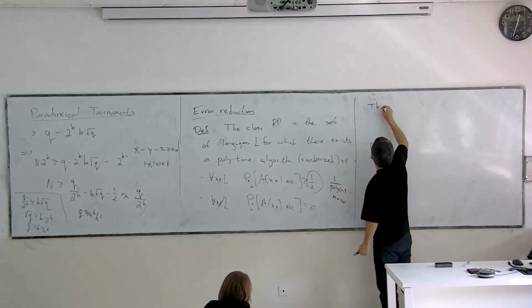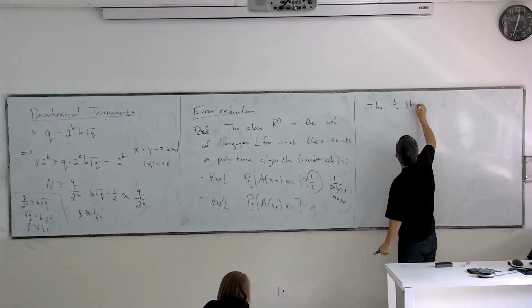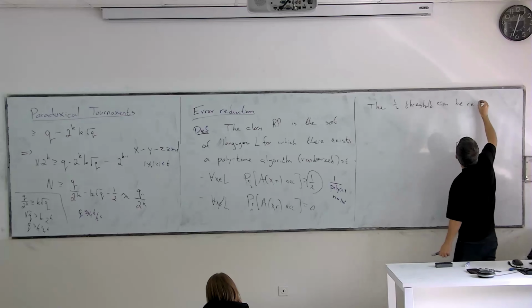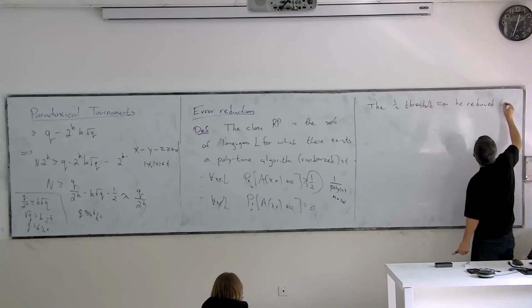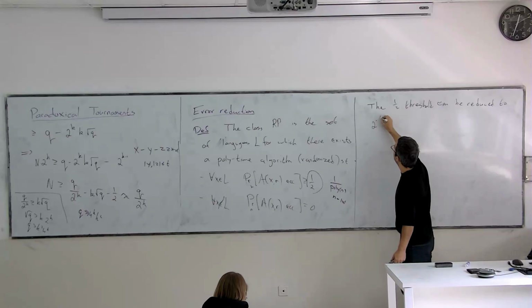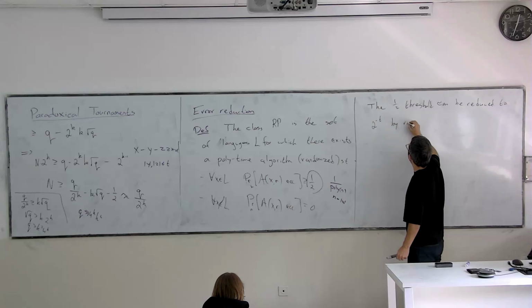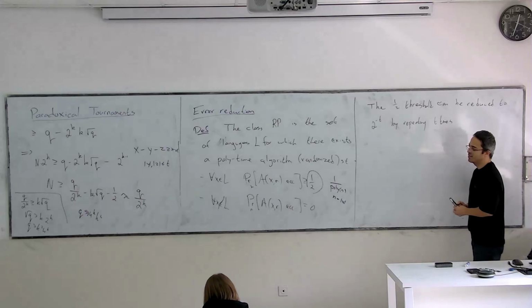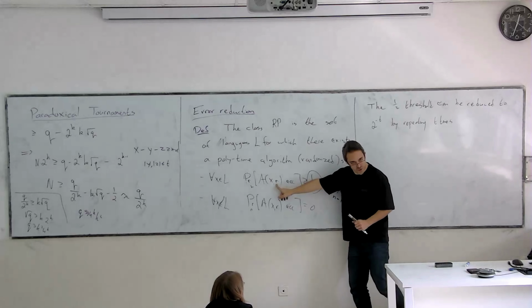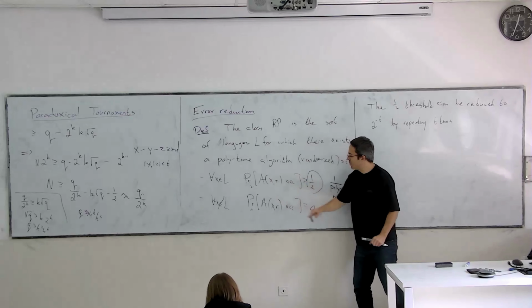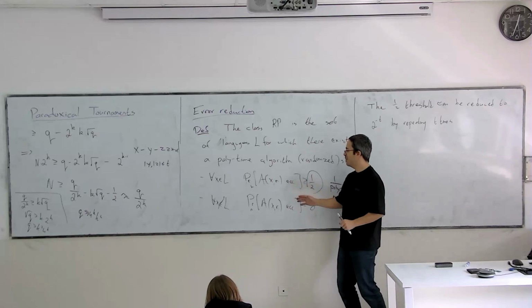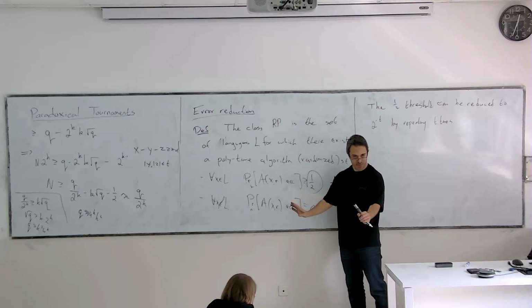The 1/2 error probability can be reduced to, let's say, 2 to the minus t by repeating t times. So we just choose t random strings required for the algorithm, run the algorithm with these t strings, and accept whenever at least one of them accepts.